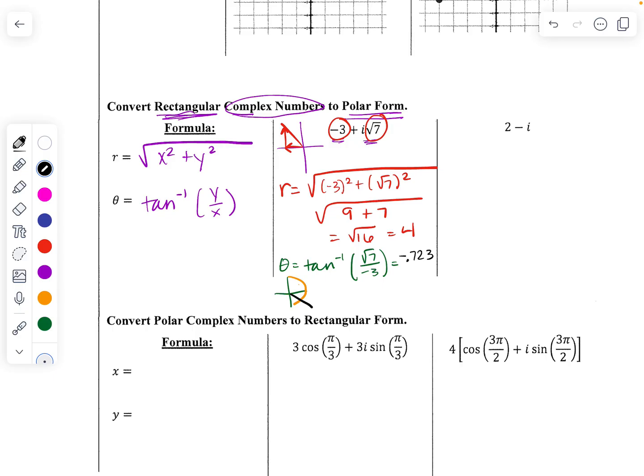But because we know that our answer has to be in that second quadrant because of where this point is, I know that I'm going to have to take from this fourth quadrant and add pi to get to that second quadrant. So we're going to add pi to -0.723. In my calculator, we get approximately 2.418. Okay, so that's our theta.